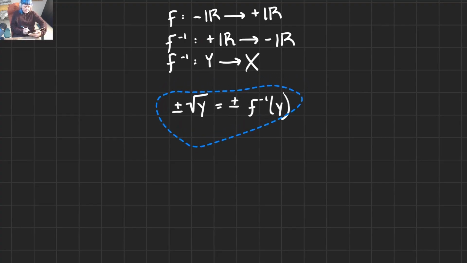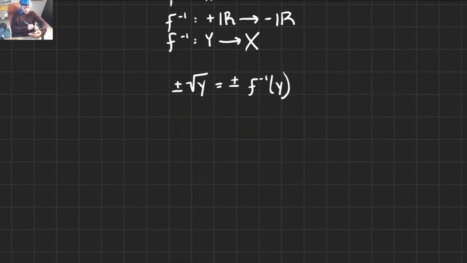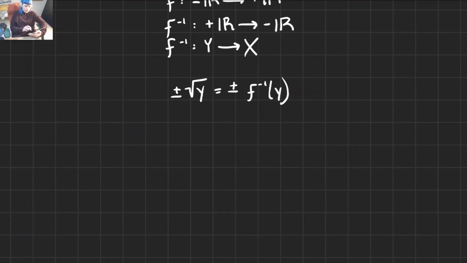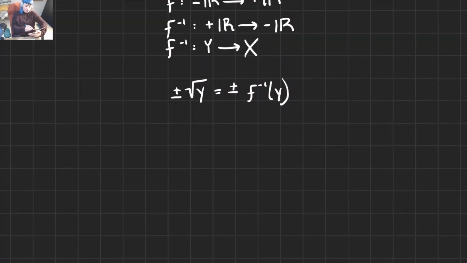So then just looking at this, we know that this is our x value. So our x value has to be negative, because we're looking at the domain as being the negative reals for this bijective function that we've sort of created.